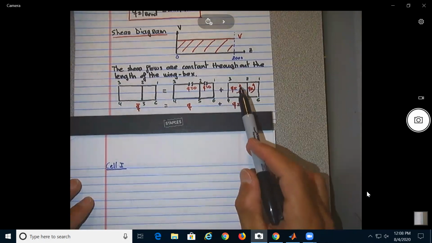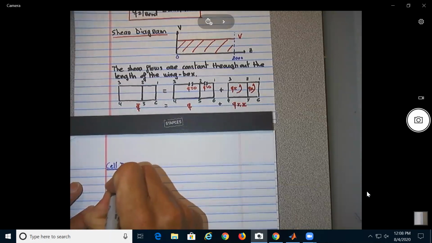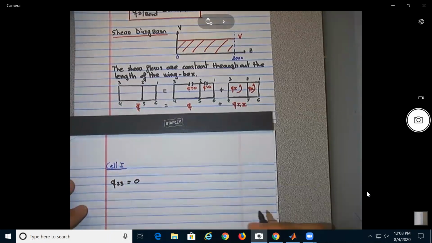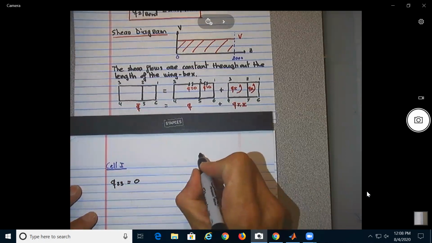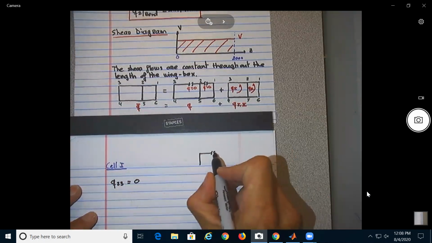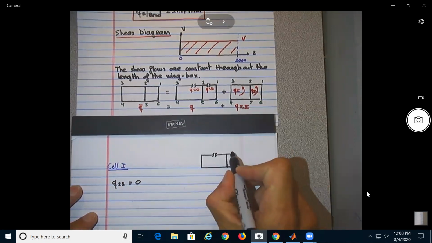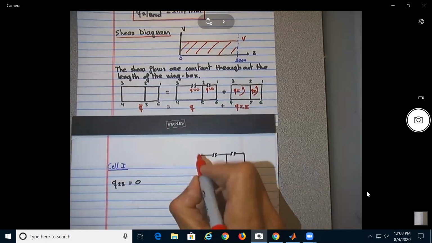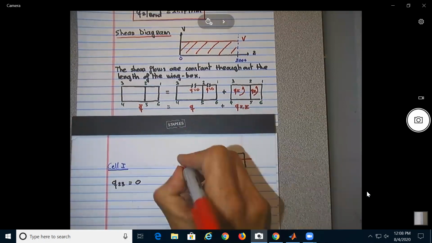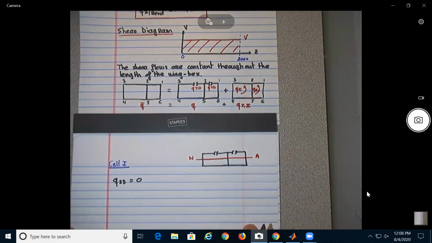So we start from the cut. So what do we know? Q23 will be 0.